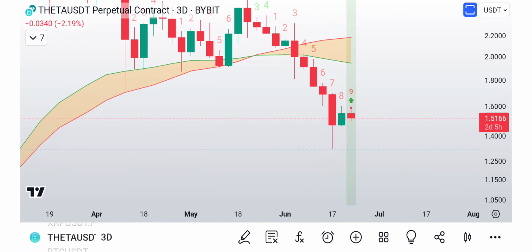And if you don't know what TD sequential is, it's basically just, like I said, it lets you know when the trend is becoming exhausted in either direction. Now, it can either mean a reversal or a dead cat bounce. Usually it's on the higher time frames, especially the daily and higher.